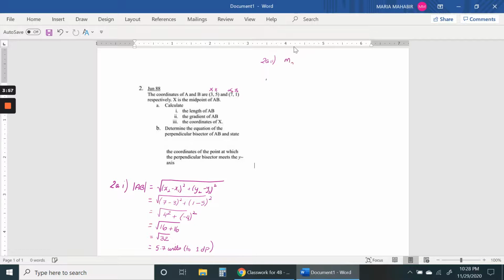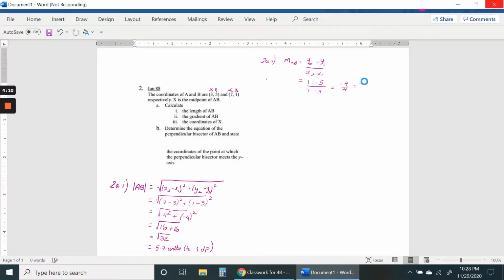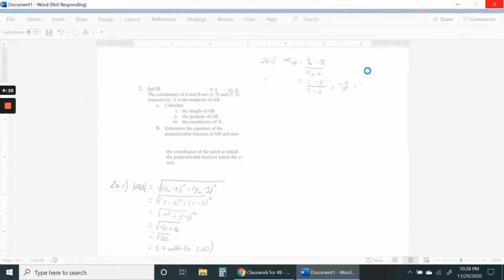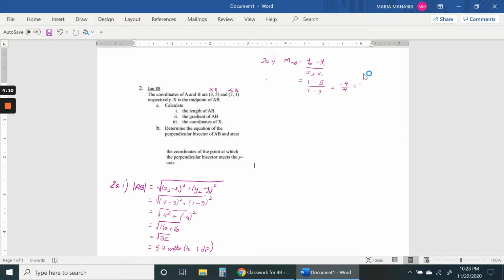This gives me 1 take away 5 all over 7 take away 3. This is minus 4 over 4, which is negative 1. So your gradient of AB is negative 1.